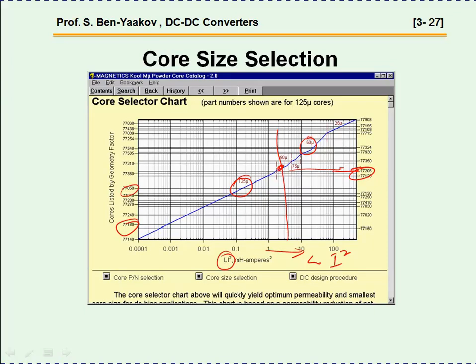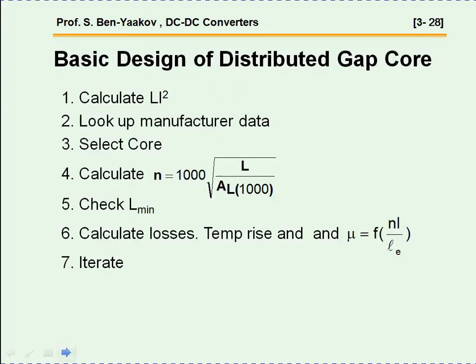So this is rather straightforward. You know L, you know the current, you calculate Li squared, you go to this curve, and you pick up the family of the core and the mu that you need. Once you do this, after you calculate Li squared, you look at the curve, you select the core, you calculate the number of turns you need from the given AL of the core and the inductance that you know.